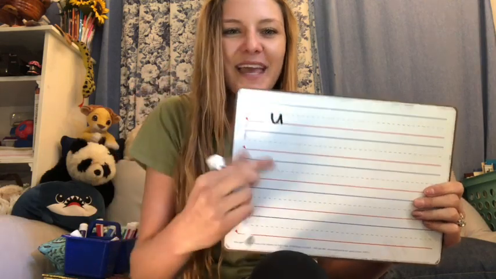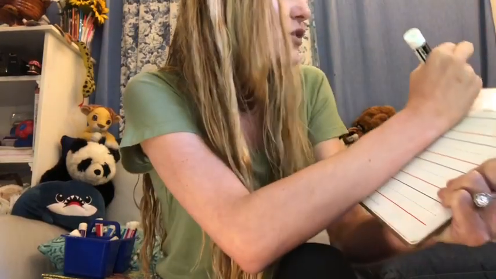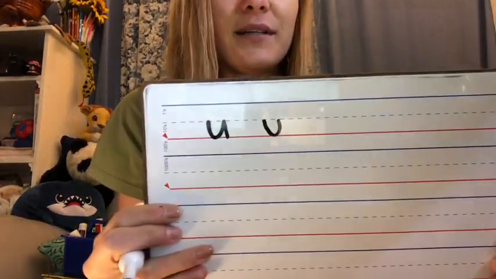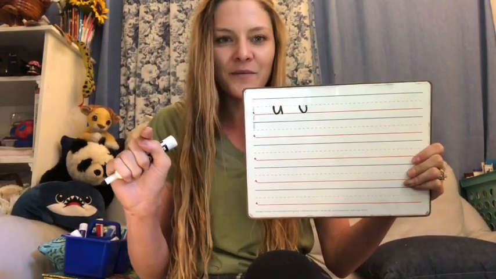All right? The last ones are U and Z. And for the letter U, we say down, up. Down, up. And for those who teach with this line at the end, instead of just down, up, you can say down, up, down.